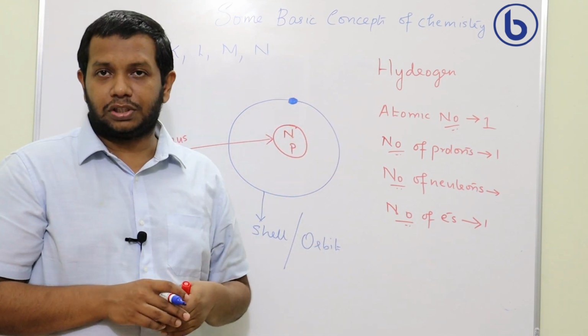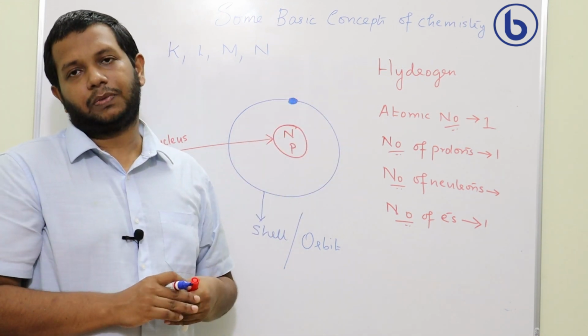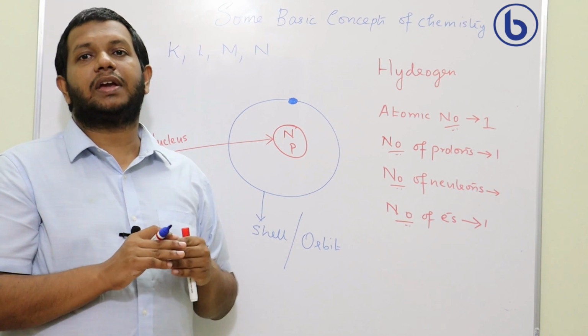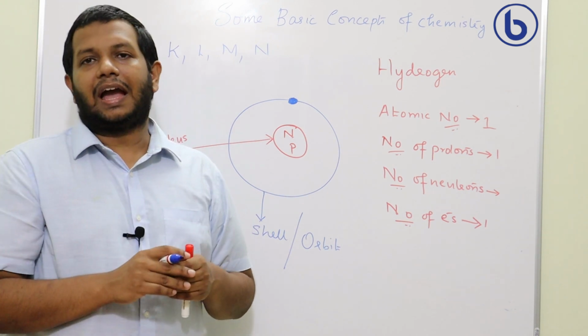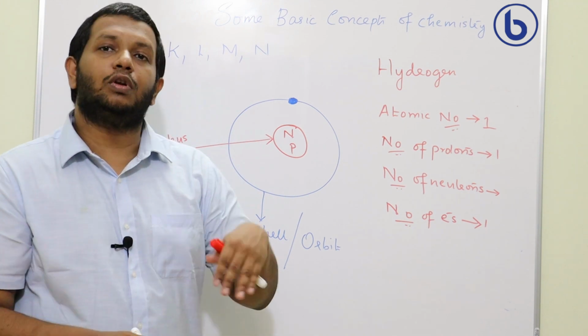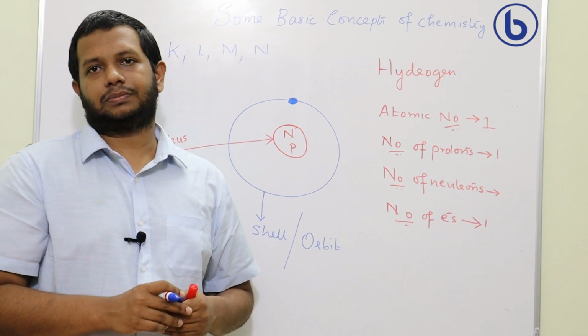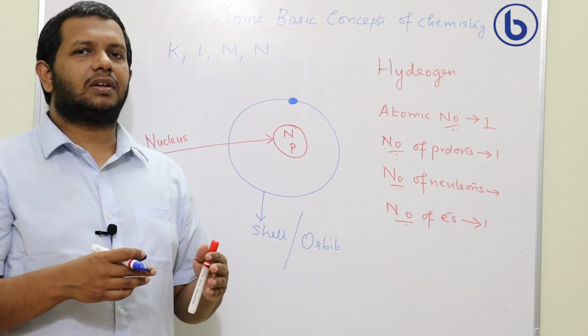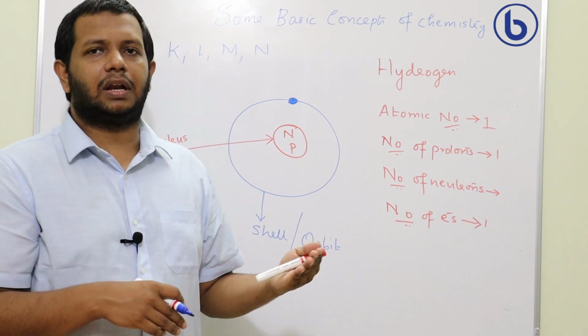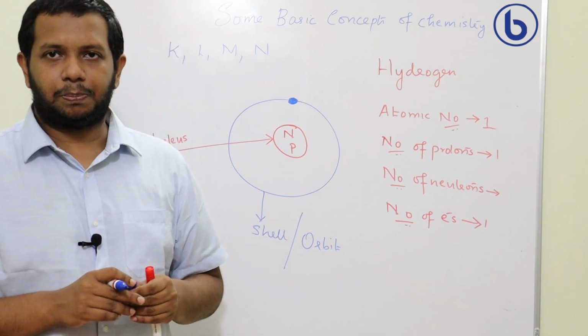Suppose it is an oxygen atom, then you need to draw more shells to accommodate more electrons. The final shell is called my valence shell, and only that shell is capable of losing or gaining electrons. We will understand why in more detail in the chapter called classification of elements and periodicity in properties.